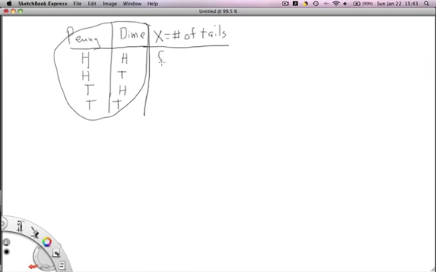In this case, the number is 0. Here is 1. This outcome also gets mapped to a value of 1, while this outcome gets mapped to a value of 2. So this piece right here is the Chapter 7 piece. That's what a random variable is all about.